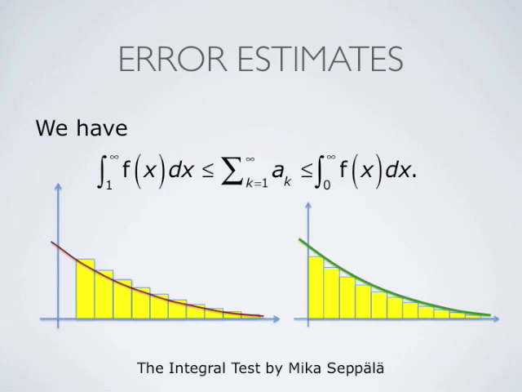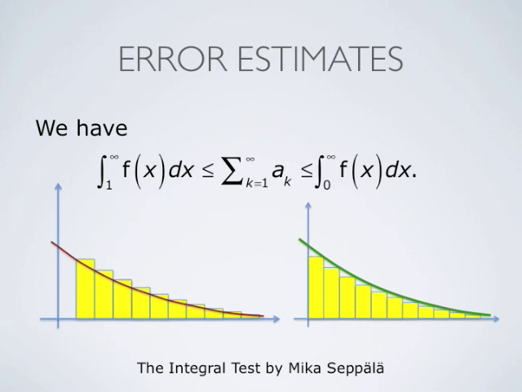These improper integrals may converge in both cases, and if that happens, we can conclude that the improper integral from 1 to infinity of f of x dx is at most the sum of the series summation k from 1 to infinity of ak, and this is at most the improper integral from 0 to infinity of f of x dx.